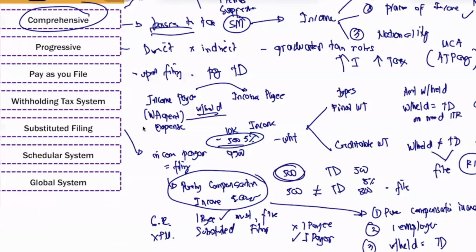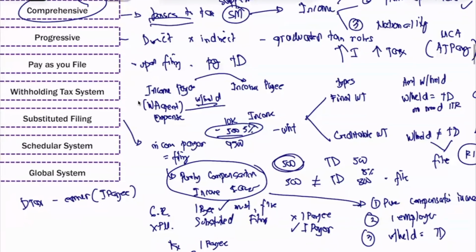In substituted filing, take note of this: it does not really go around the direct taxation. Kasi 'di ba sabi natin, pag direct tax, ang natatax ay yung earner. And who is the earner? That is the income payee. Pero sa substituted filing kasi, ang nangyari lang, ang tinax pa din ay si income payee, pero sino ang nag-file para kay income payee? Ang nag-file kay income payee ay si income payer.